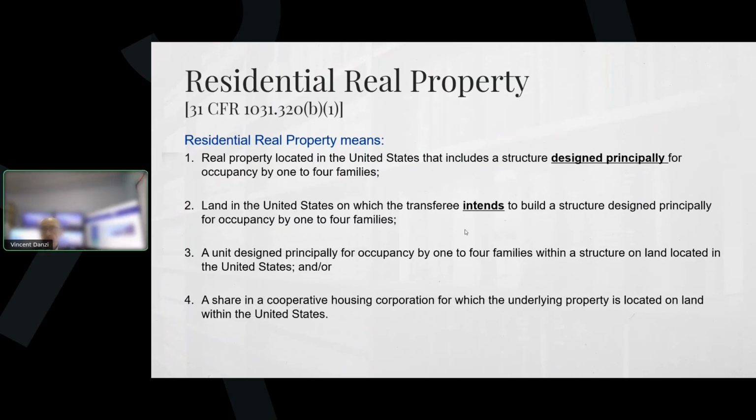What's going to be the triggering event would be who the transferee entity is. If the transferee is a transferee entity like an LLC, corporation, or a trust, that's going to generally determine whether or not the transfer is reportable.